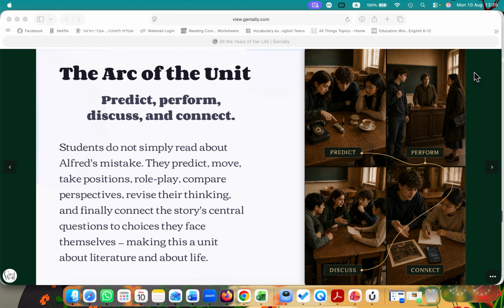That is what turns an older story into a mirror for today's choices, and what makes this unit as much about life as it is about literature. Our choices have hidden emotional costs, and they can create unseen ripple effects that fall directly on the people who trust us the most.